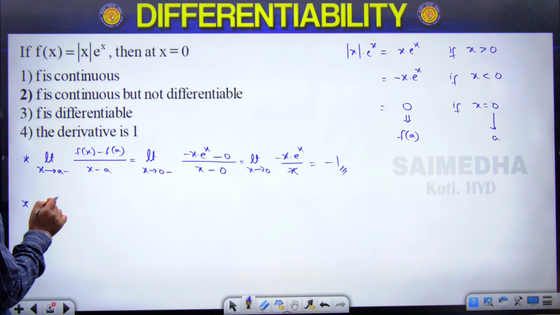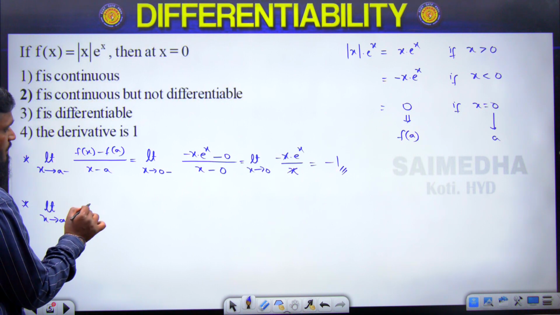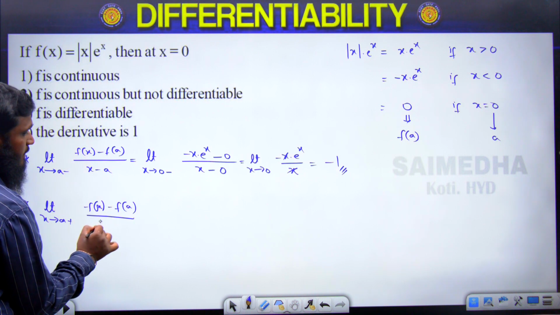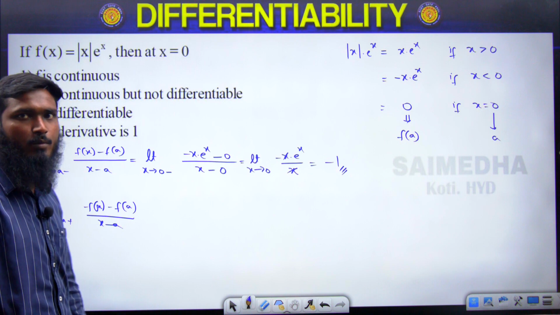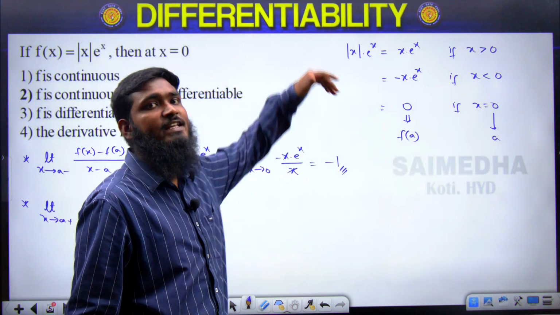Now next value, limit x tends to a plus, f of x minus f of a divided by x minus a. This formula we have taken. Now a plus means we can take 0 plus.